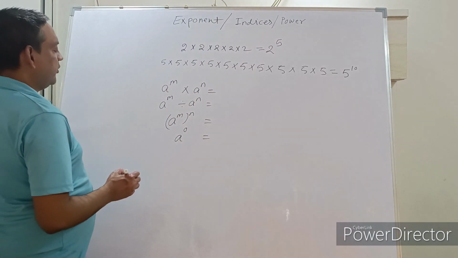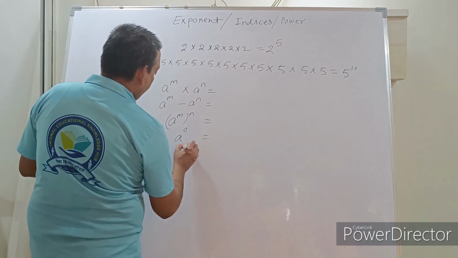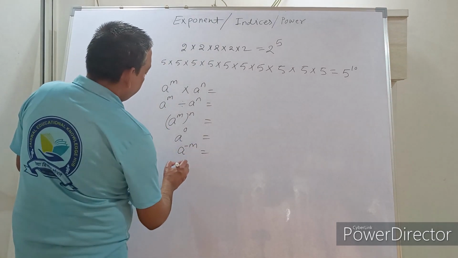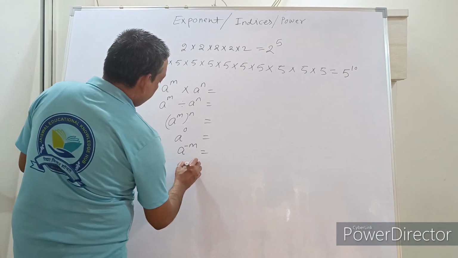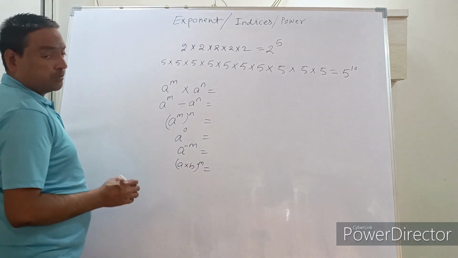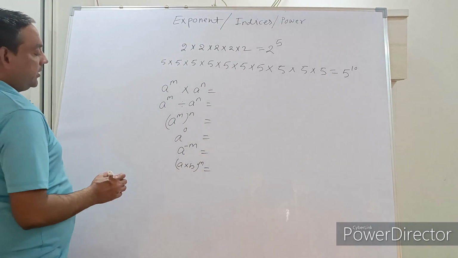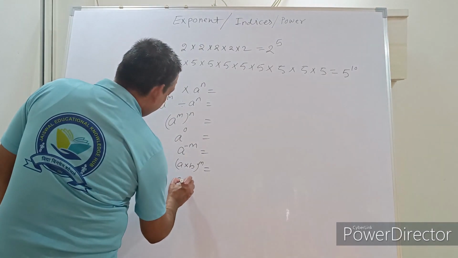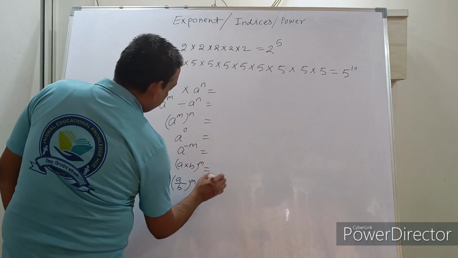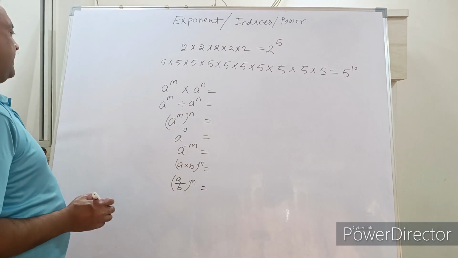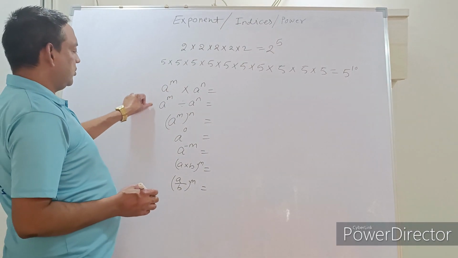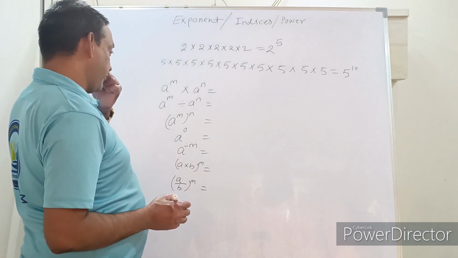Then we have a raised to minus m का one formula, then a into b raised to m का formula, then a upon b raised to m का formula we have. Actually this is the 1 2 3 4 5 6 7 main formulas.